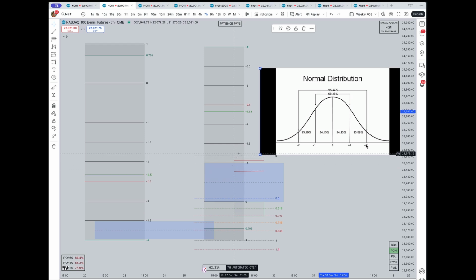Then we come to the rules I told you. We close above 1. That confirms to me that we're expanding higher. At this time I can plot this, so I know we're going to trade until here or here.